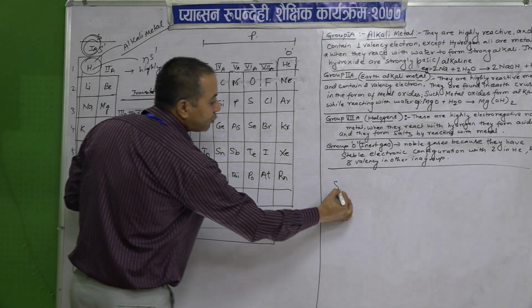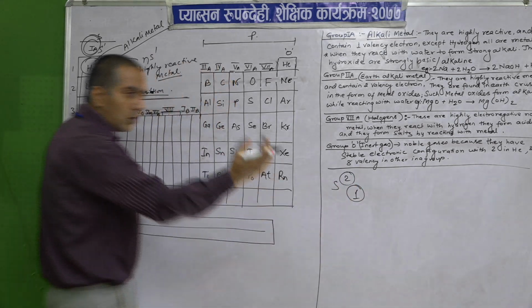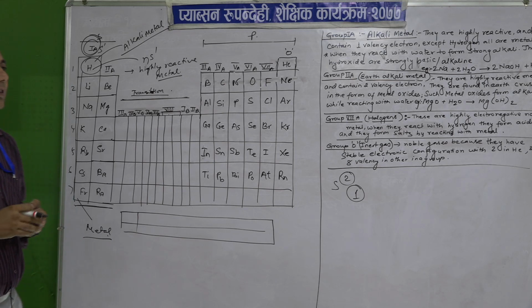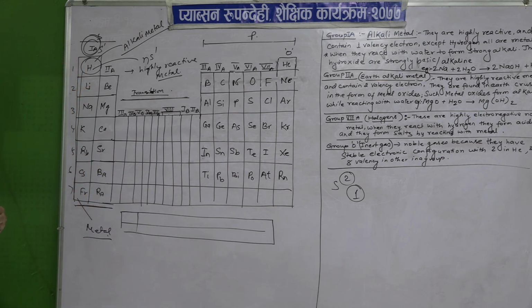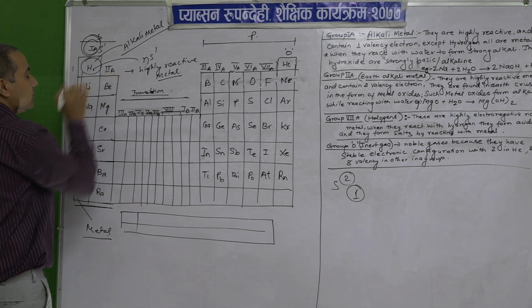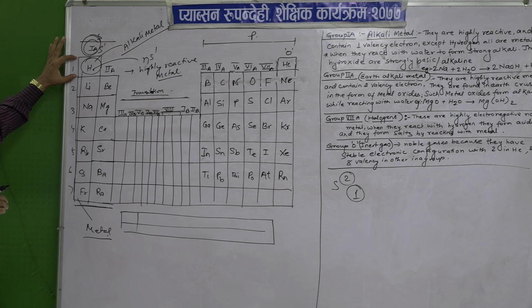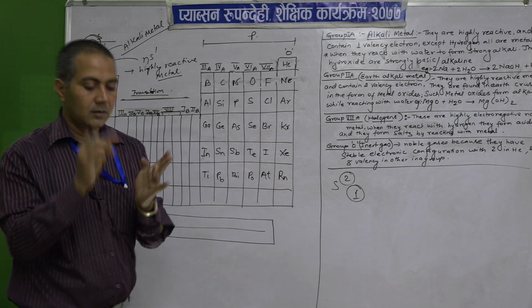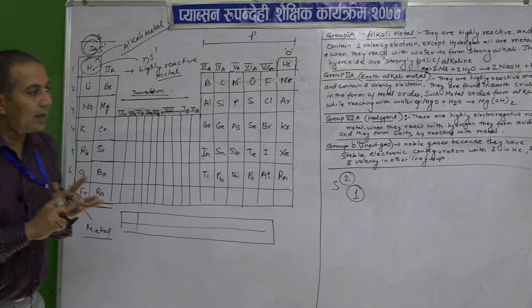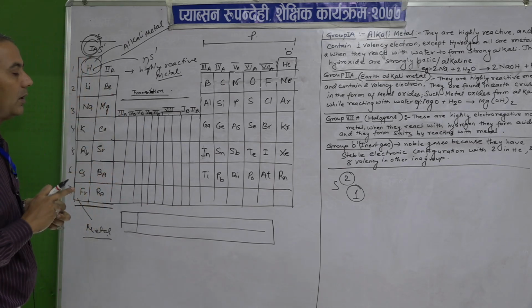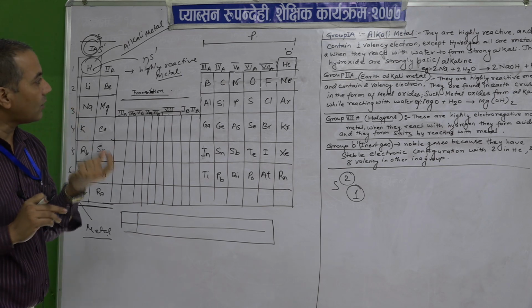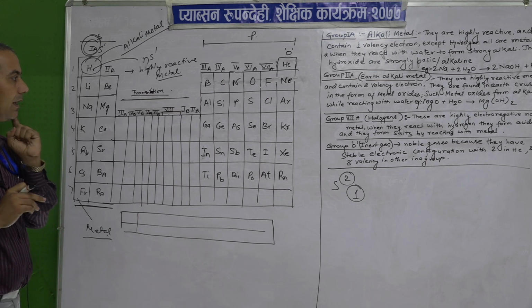Because the S block needs 2 electrons and they have 1 electron, so it is easier for them to react or combine. The valency shell contains 1 electron.